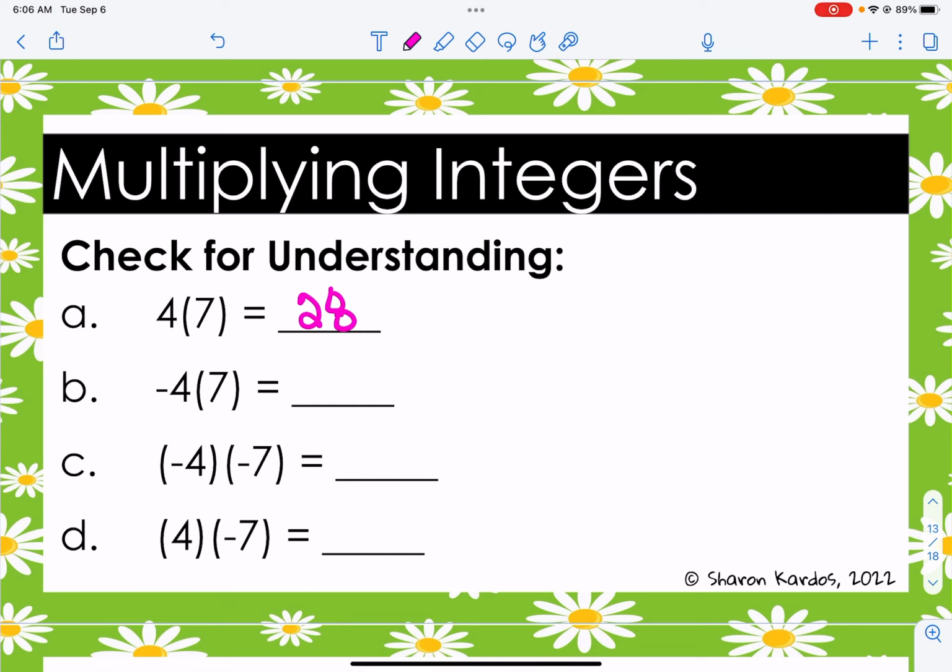In letter B, I have one of each, one negative, one positive, so that's negative 28. In letter C, my signs are the same. They're both negative. So even though it seems counterintuitive, it is actually going to be a positive 28. And in the last one, I have one of each, so it will be negative 28. So if the signs are the same, your answer is positive. If your signs are different, your answer is negative.